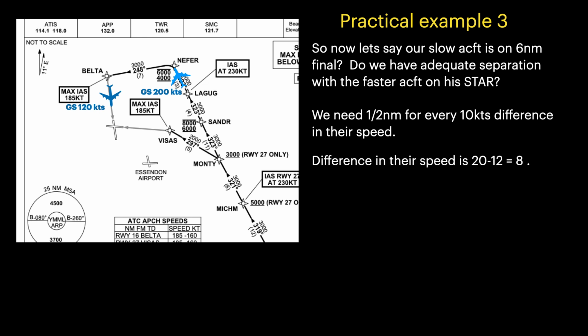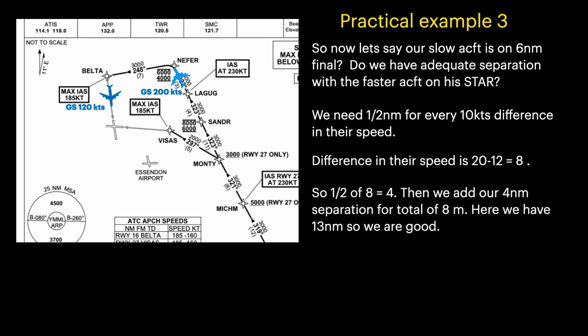Now the difference in their speed is 8. So what's half of 8? It's 4. Now we add in our 4 nautical mile separation for a total of 8 miles.